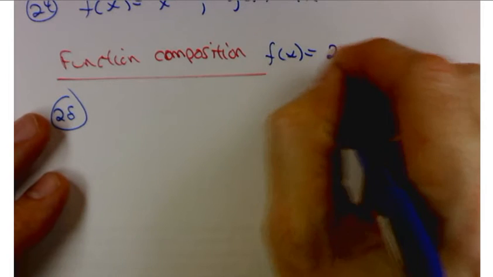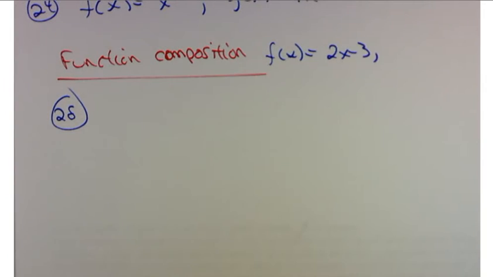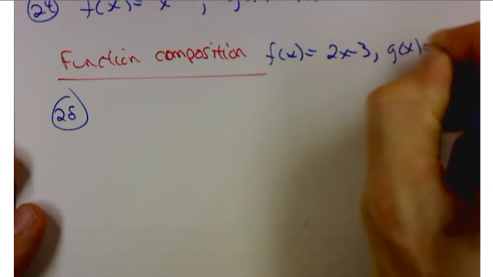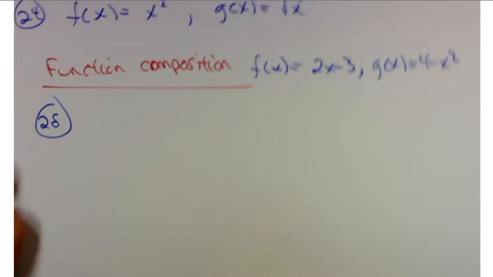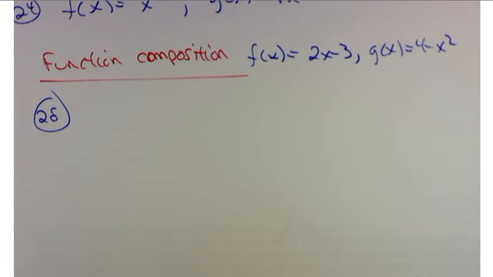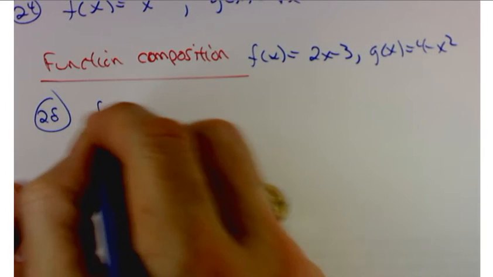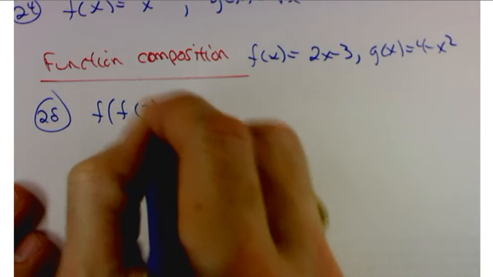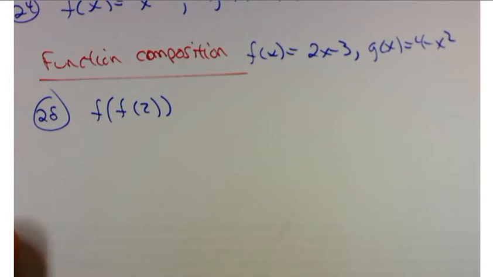And g of x is 4 minus x squared. So problem 28a asks you to find f of f of 2. Well, when you're working with these things, let's work from the inside towards the outside. So we'll start with f of 2.